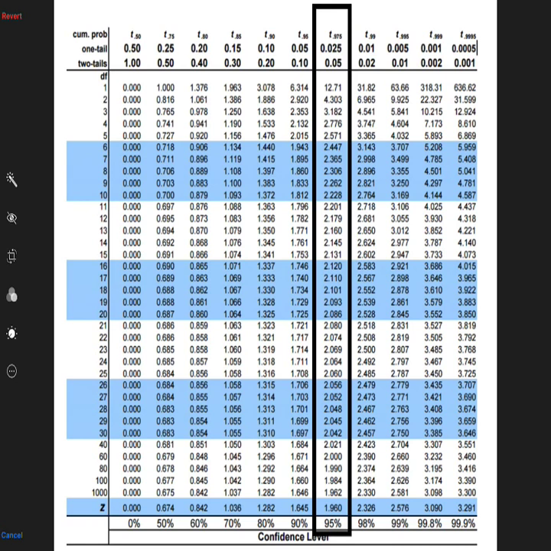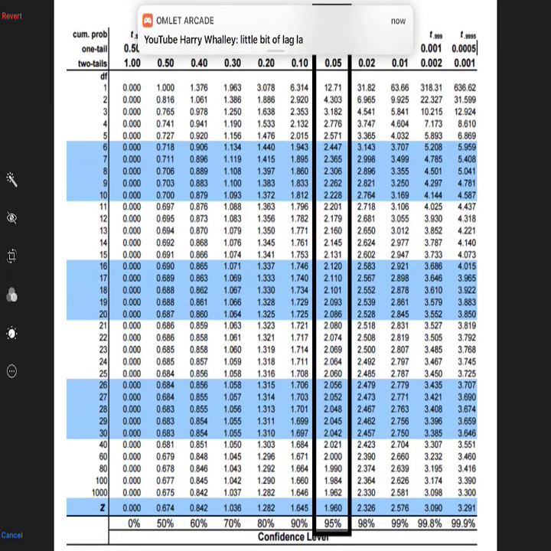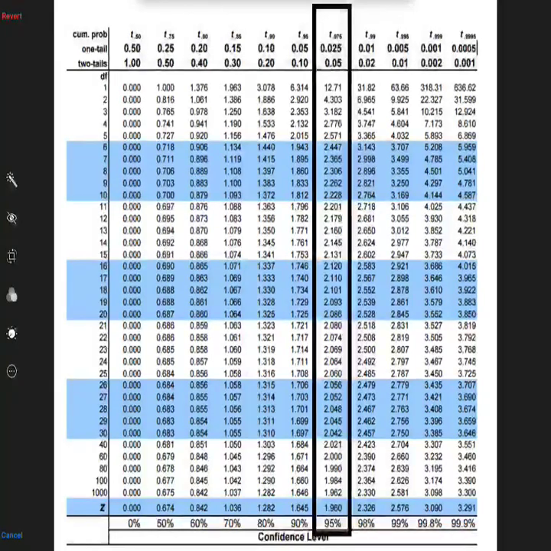And we also know that it depends on the degree of freedom, and this is in this column here. Yeah, so your degrees of freedom are given in the first column.